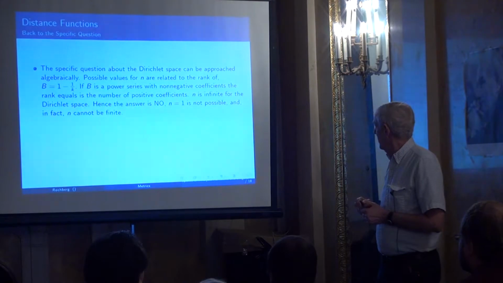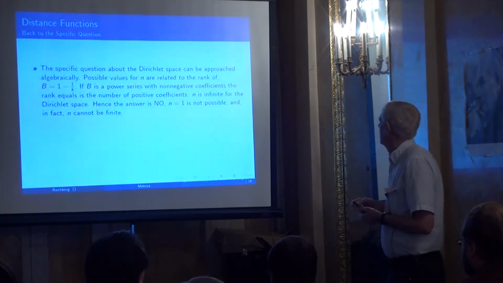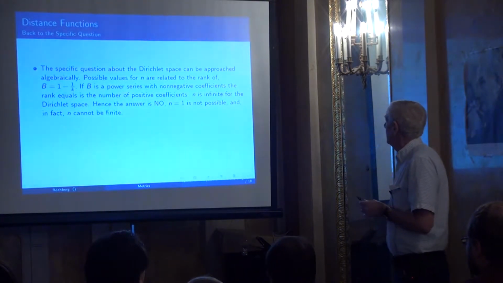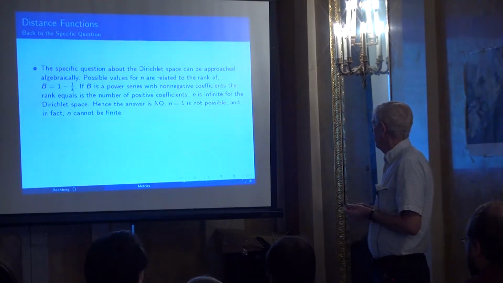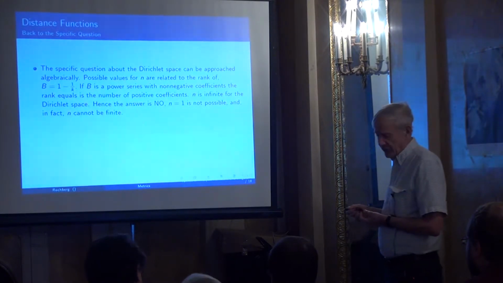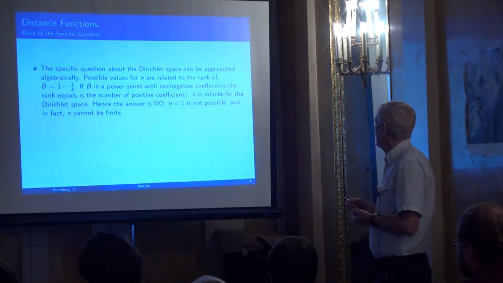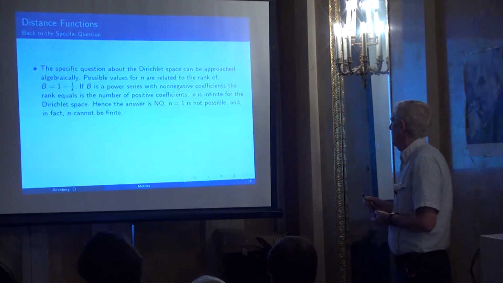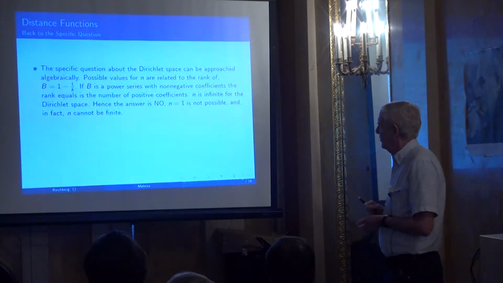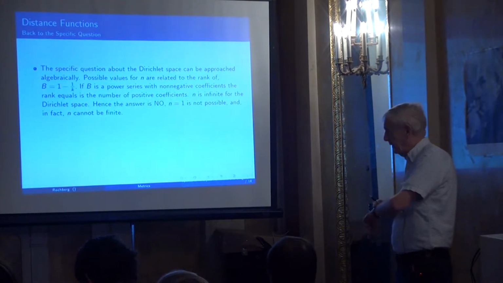That's an algebraic statement, and the rank of that kernel function is defined to be the dimension you can choose for that Hilbert space you're embedding in. If b is given by a power series with non-negative coefficients, the rank is the number of non-zero coefficients, and in the case we were talking about, that number is infinite. So the only n you can choose is infinite. In other words, algebraically, you can see that the mapping, where I asked if it is possible to have the mapping with n equals 1, the answer is no. N has to be infinite.